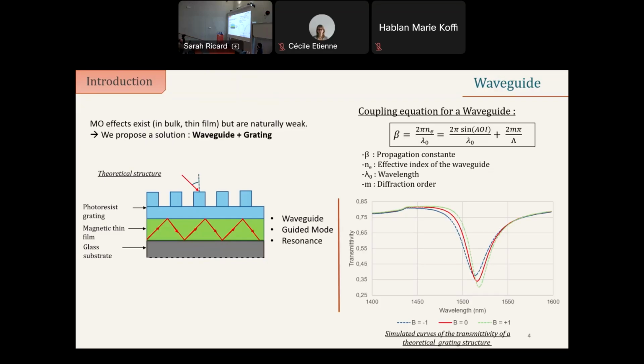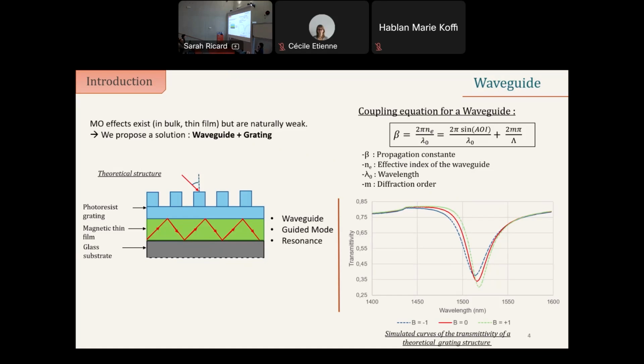What we observe here, with this type of structure, is the evolution of the transmittivity. With the different colors, we have in red the theoretical structure without magnetic field. When we apply a positive or negative magnetic field, we have a shift of the resonance, which is quite an interesting observation.